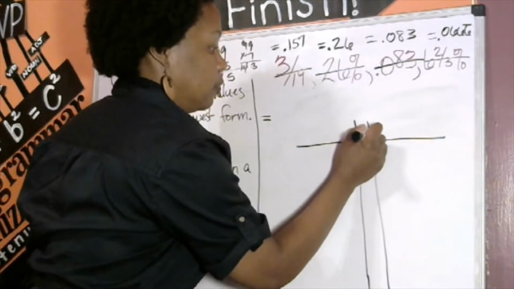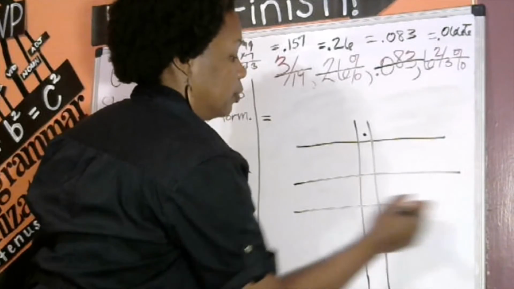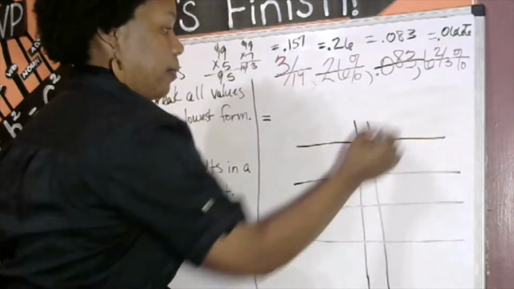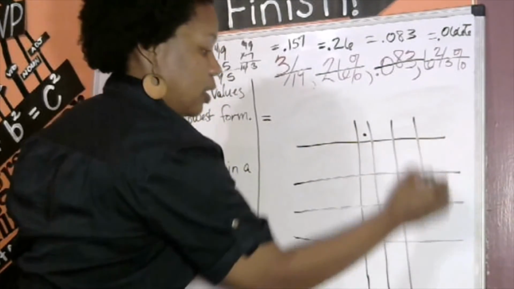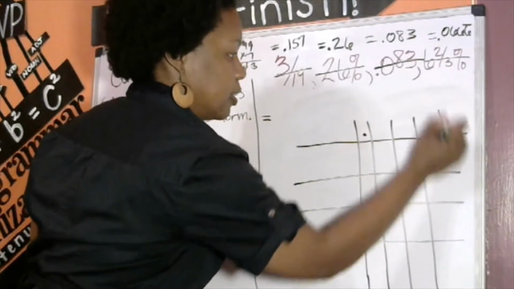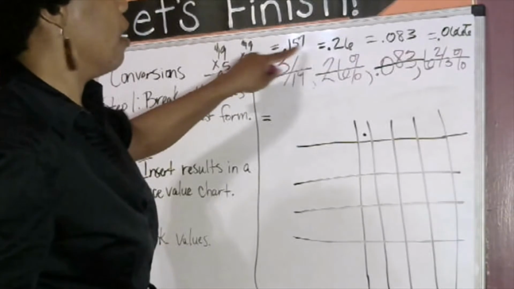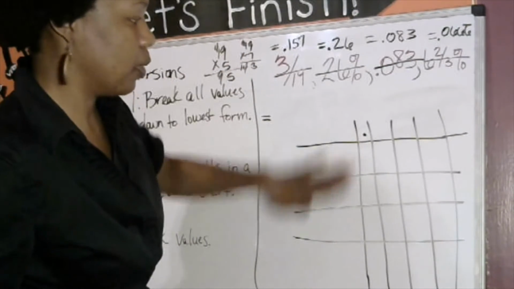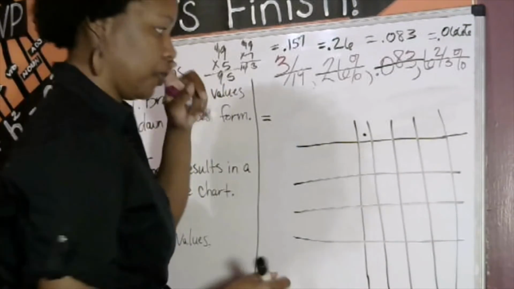I'm all about visuals. Boom, boom. 1, 2, 3, 4. 1, 2, 3, 4. Okay. And we are focused on everything, it looks like, on the right side of the decimal point. So we don't need to worry about whole numbers at all. We're dealing with parts.